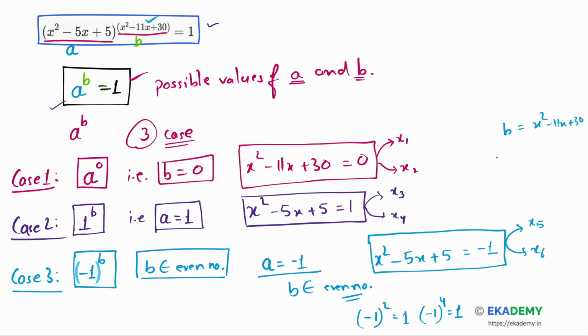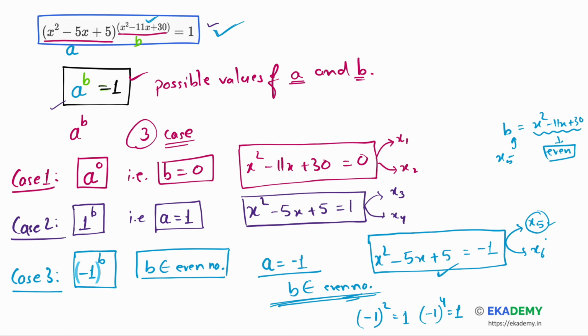So, when we put x5 in b, x5 will be some real number. If I put that real number in place of x, and if its value is even, then this x5 will be the solution of this mega quadratic equation. Of course, x5 is already a solution of this equation, but for x5 to be the solution of the mega quadratic equation also, it needs to satisfy this criteria of b being even, right.